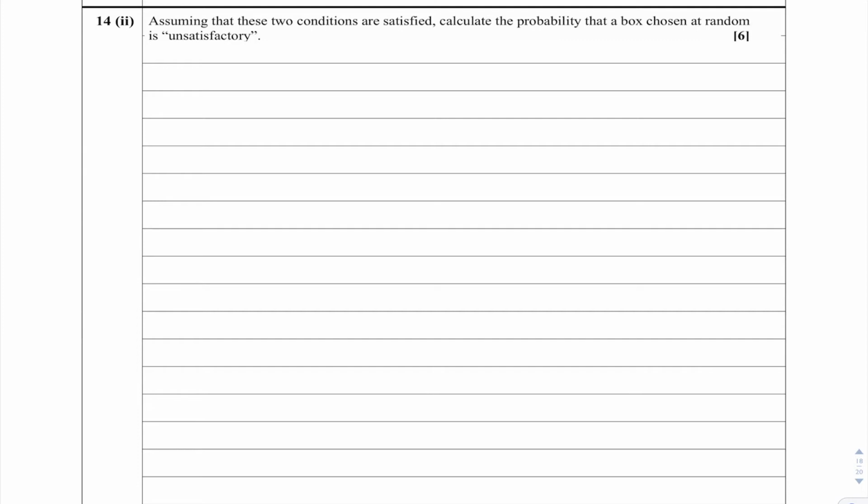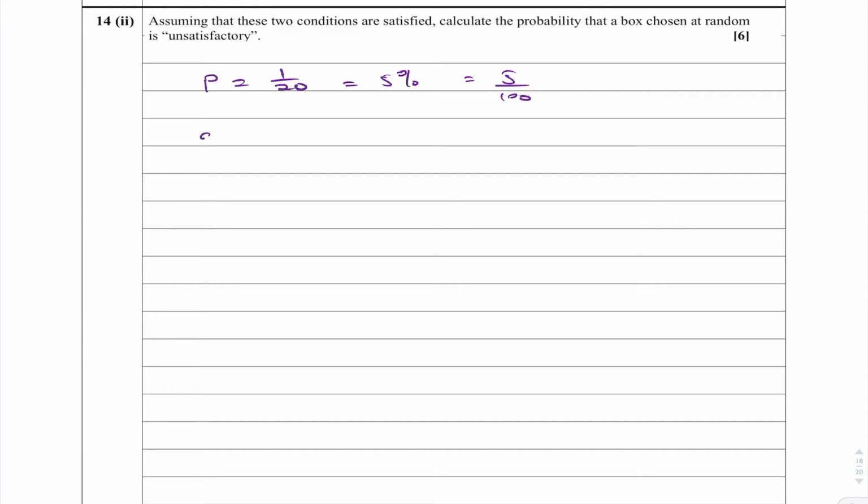Question 4.2, part 2. Assuming that these 2 conditions are satisfied, calculate the probability that a box chosen at random is satisfactory. So P of 5% is 1 over 20, which is 5 over 100.